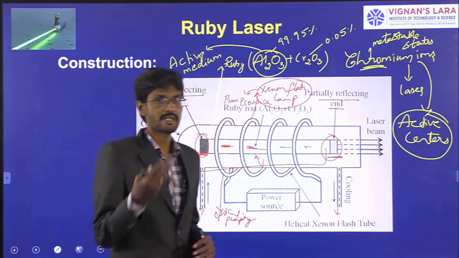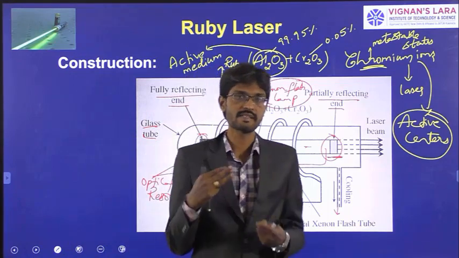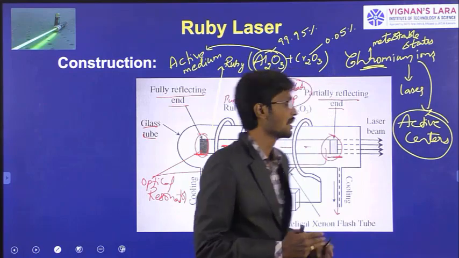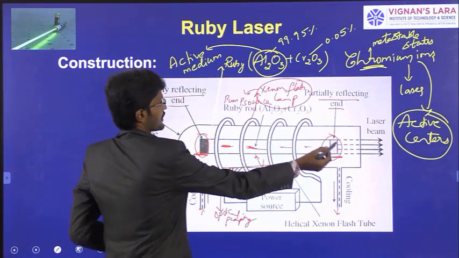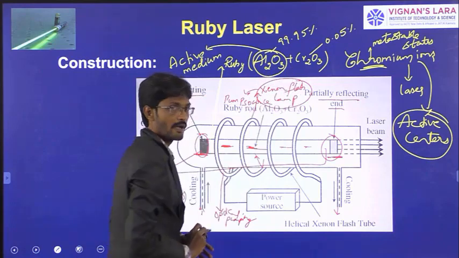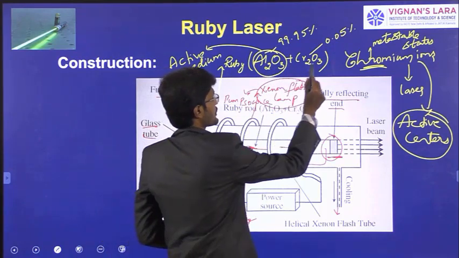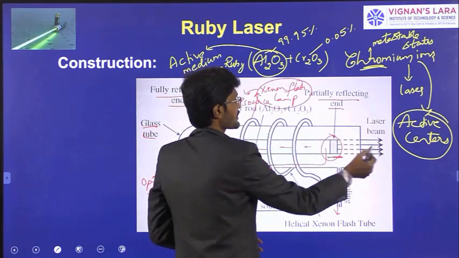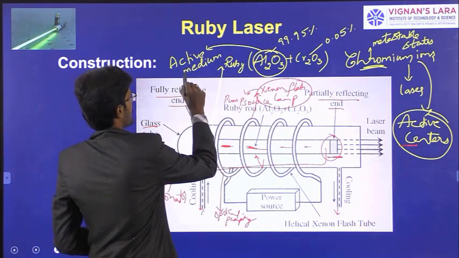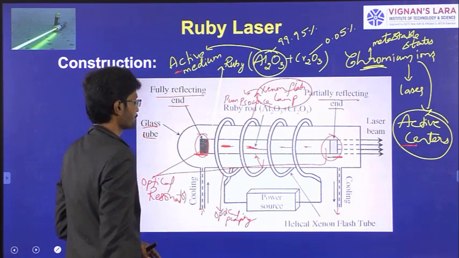So already we discussed that a laser contains three major components: the active medium, the pump source, and the optical resonator. Here, the ruby rod is a combination of aluminum oxide and chromium ions. The chromium ions produce laser, therefore they are called active centers, and aluminum oxide is called the active medium.